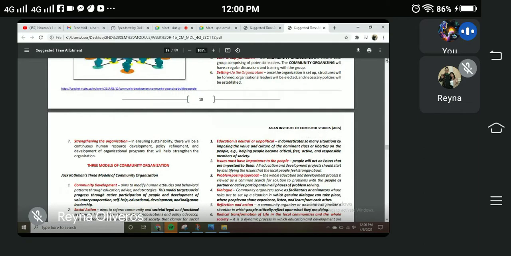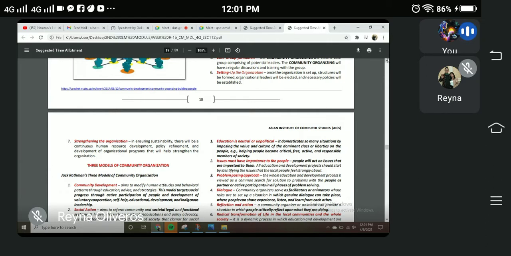In strengthening the organization, you have to ensure its sustainability. There will be continuous human resource development, policy refinement, and development of organizational programs that will help strengthen the organization.